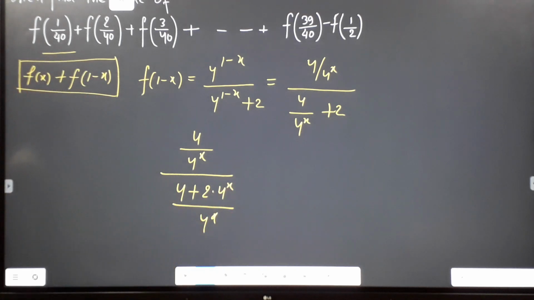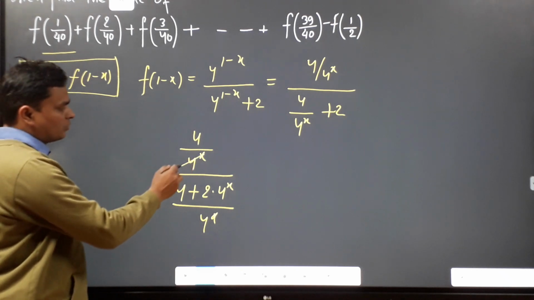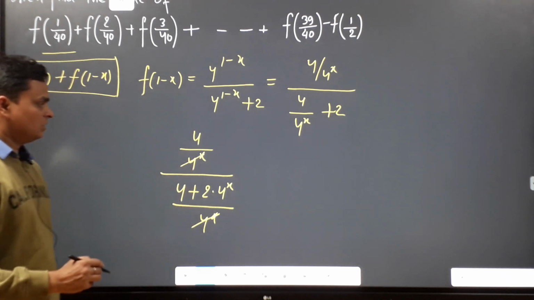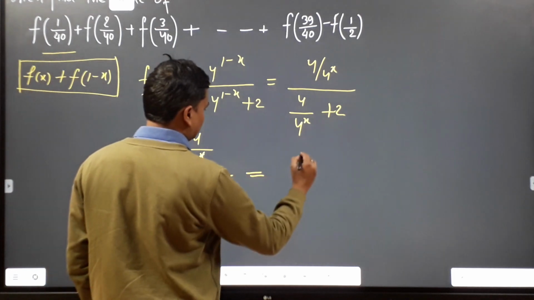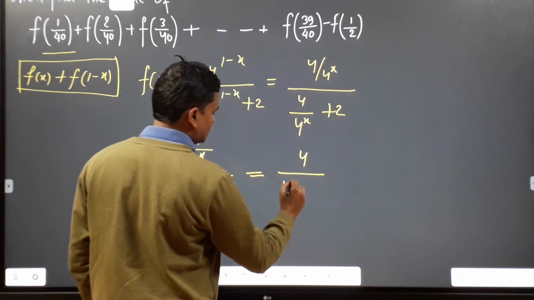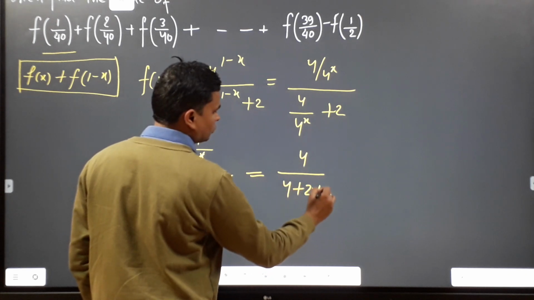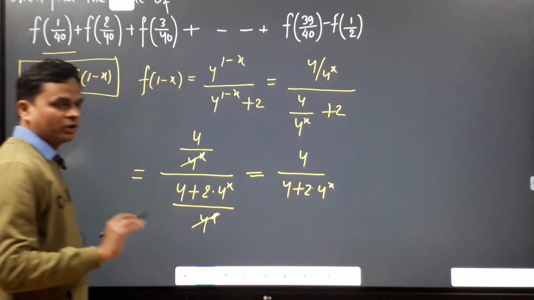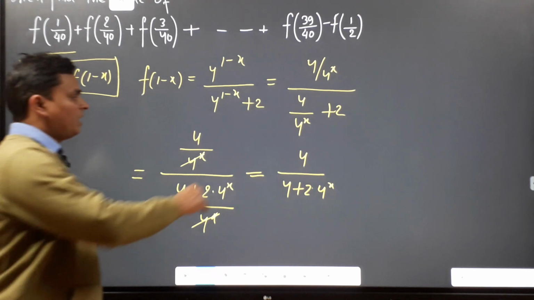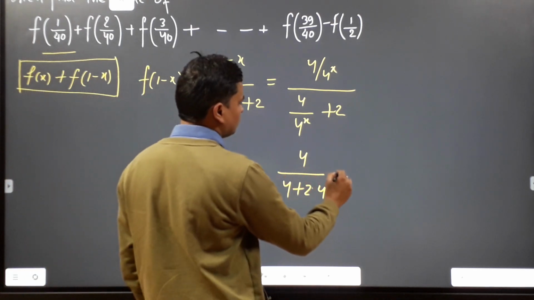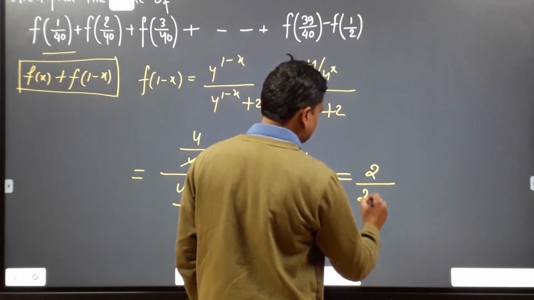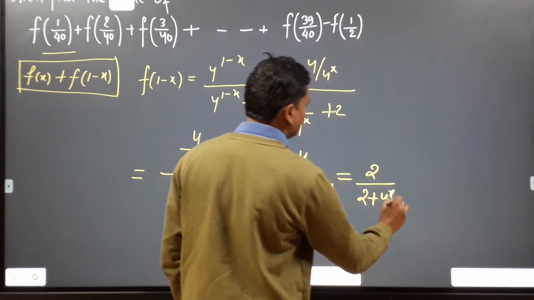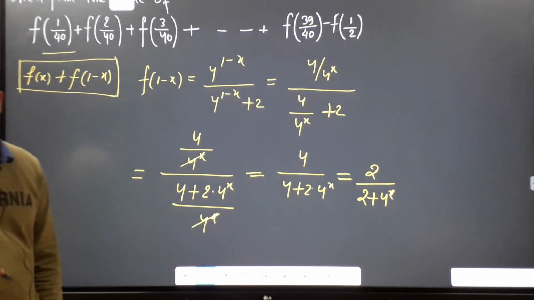Now 4 to the power x and 4 to the power x can be cancelled, so what remains is 4 upon 4 plus 2 into 4 to the power x. We can take out 2 from both numerator and denominator, and write this as 2 upon 2 plus 4 to the power x.